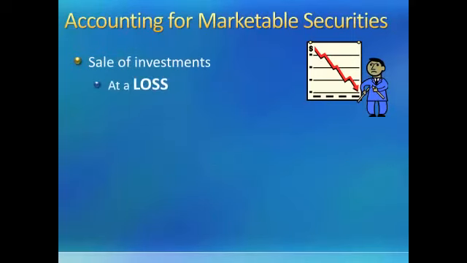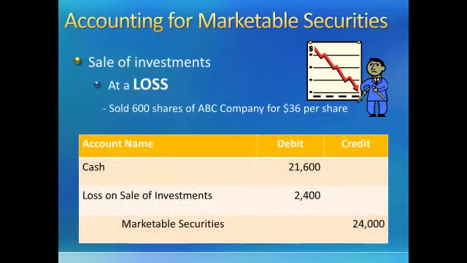Taking a look at how this would appear as a journal entry, we have an increase of cash of $21,600. That's our selling price of $36 per share times 600 shares. We have a credit to our marketable securities of $24,000.